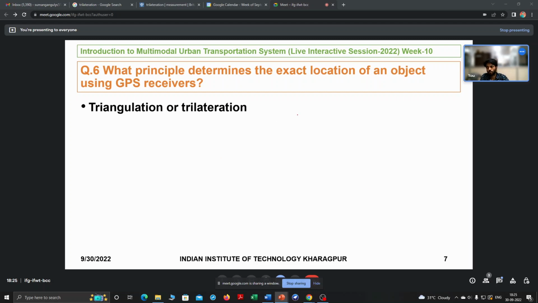Generally this is used in survey. If you know how a survey has been done, suppose you have a river here, and you have a chainage here, you know the distance is something, and from here you are using an instrument, a theodolite or something. Now you have some point C, which is the point of interest.